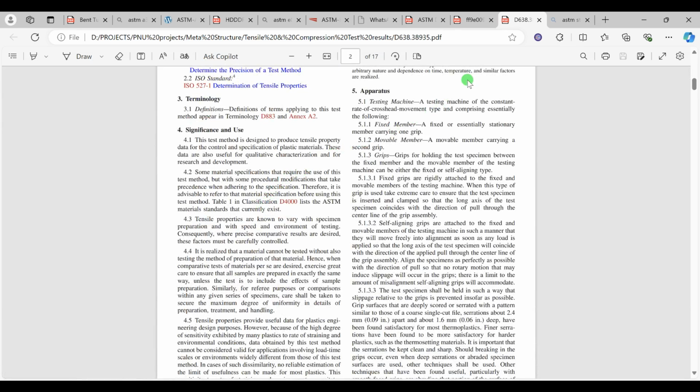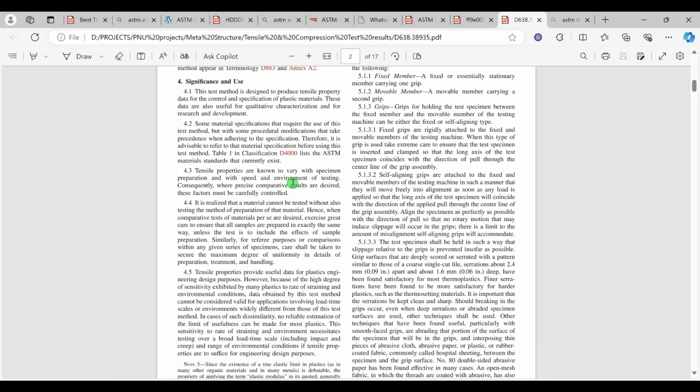According to that paper, this standard is good for PLA or ABS or such materials which are used in additive manufacturing, especially in FDM, which is widely used for metal structure application.